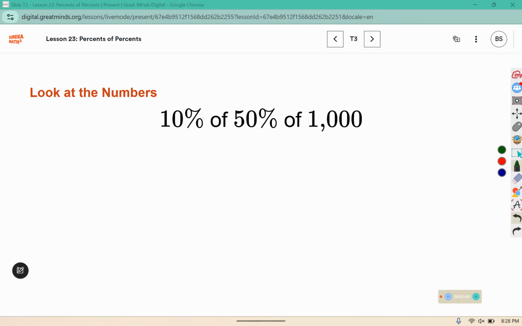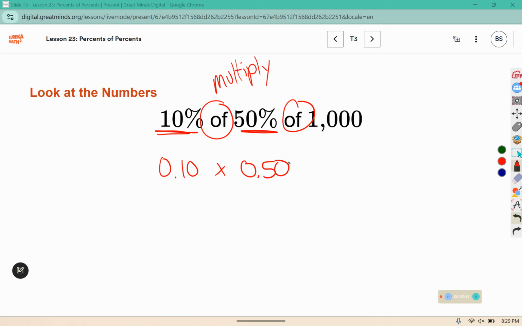Let's look at a sample where we're going to find 10% of 50% of 1,000. The word of indicates multiplication. We're going to change the percents to decimals, just like we did when we were working with rates in simple interest. 10% is 0.10, 50% would be 0.50, and we're multiplying all of that times 1,000.